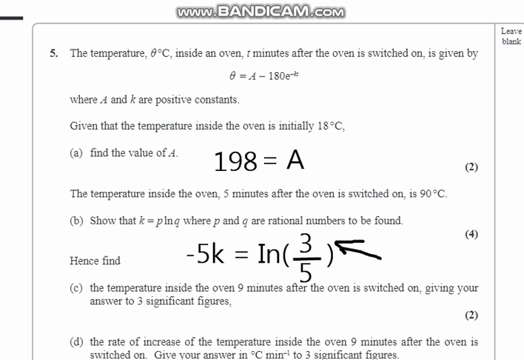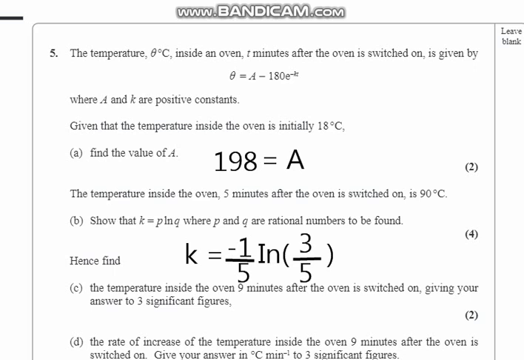We'll just stick with dividing everything by minus 5, and there you go, our final k value equals minus 1 upon 5 ln 3 over 5. As they stated, the rational numbers have to be found: p is minus 1 upon 5 and q is 3 upon 5. Those are fractions.